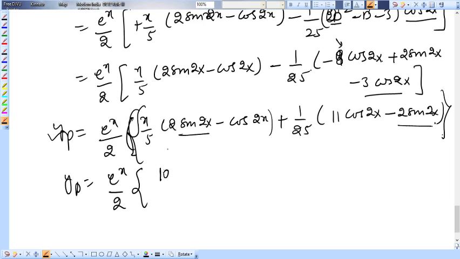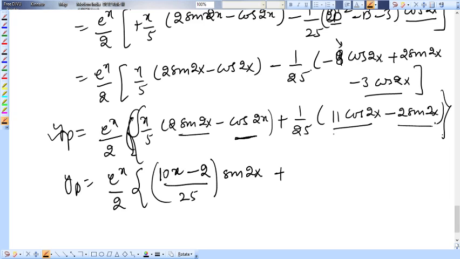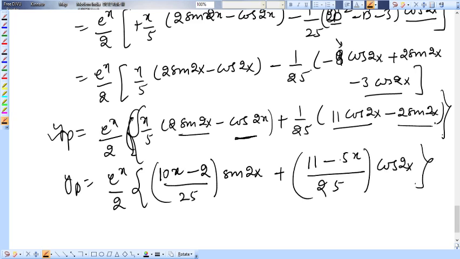So it would become 10x minus 2 divided by 25 into sin 2x. Okay, plus now clubbing these two terms together we get 11 minus 5x divided by 25 into cos 2x, right?